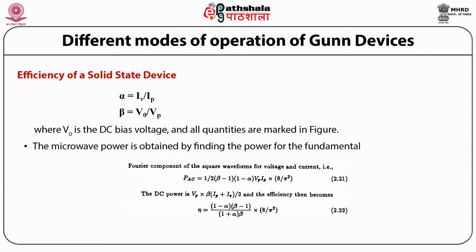And the DC power is V_P multiplied by beta multiplied by (I_P plus I_V) by 2, and the efficiency then becomes eta equal to [(1 minus alpha) multiplied by (beta minus 1) divided by (1 plus alpha) multiplied by beta] multiplied by 8 by pi square.